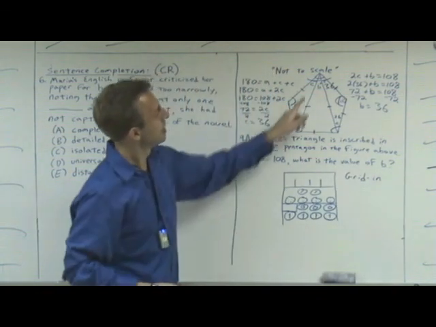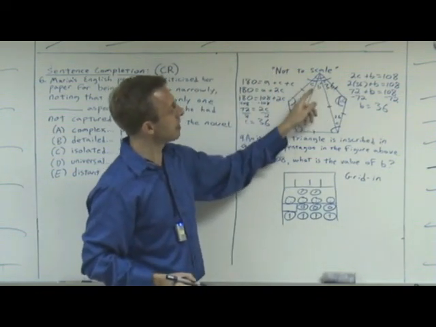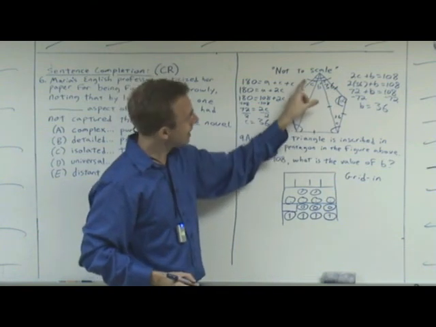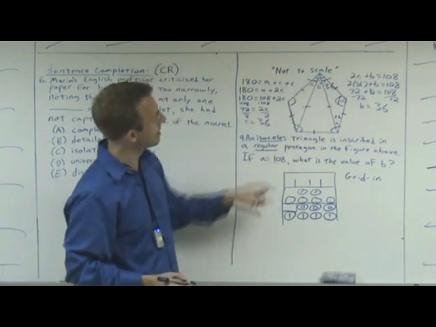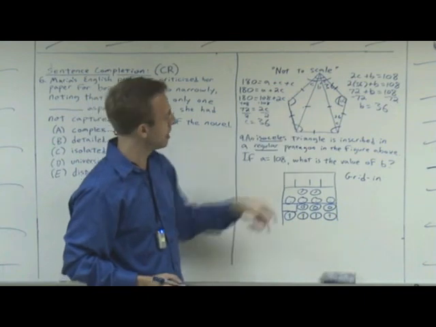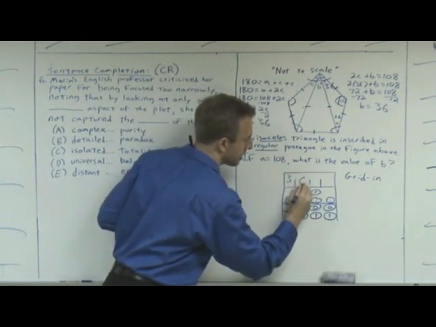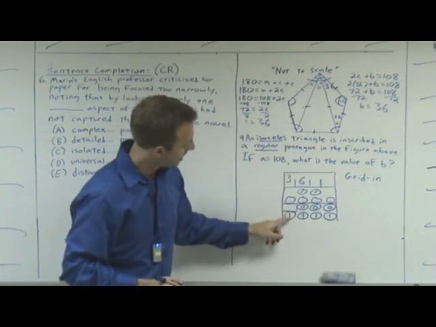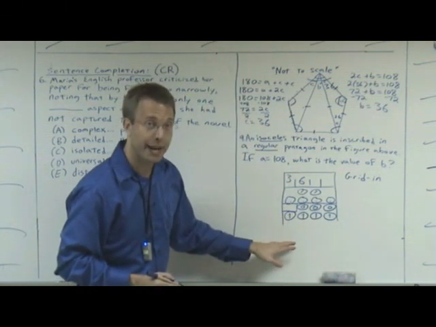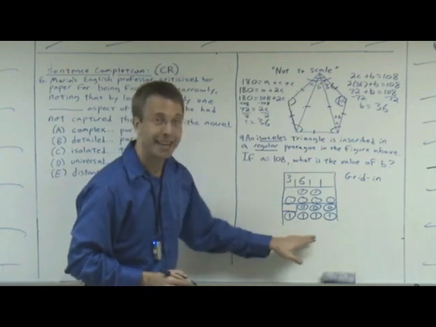So that's our answer. We have 3 angles, each of 36 degrees, adding up to a total of 108 because all these angles are 108 degrees. So now we want to do our grid-in. 36 is our answer. Down here, where we have the bubbles, we would actually bubble in 3 and 6.